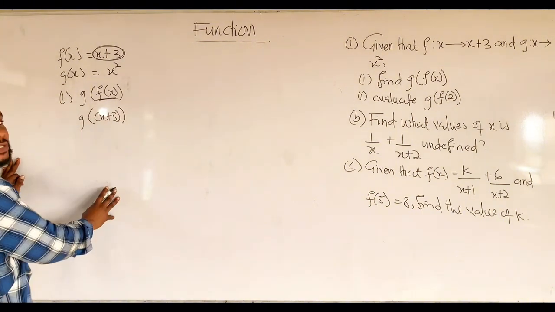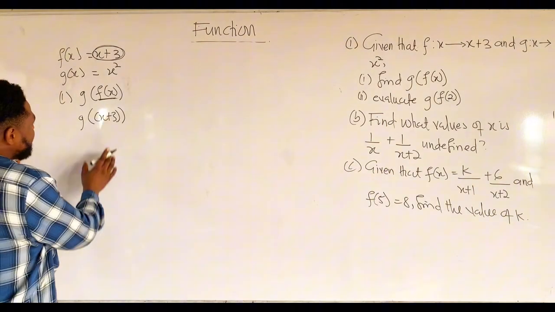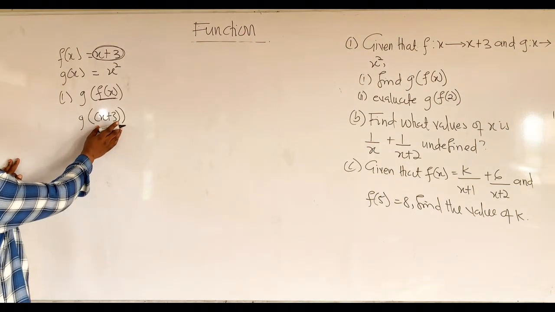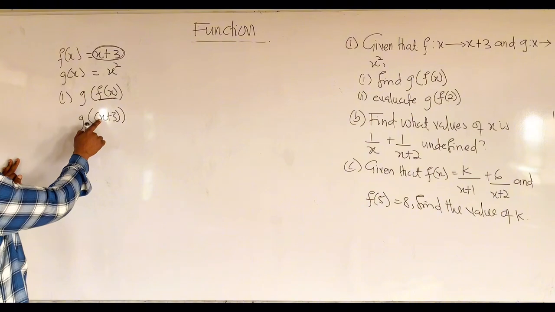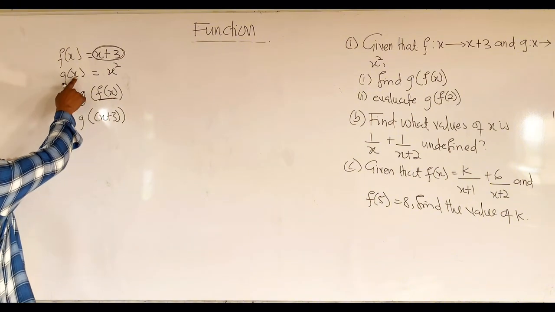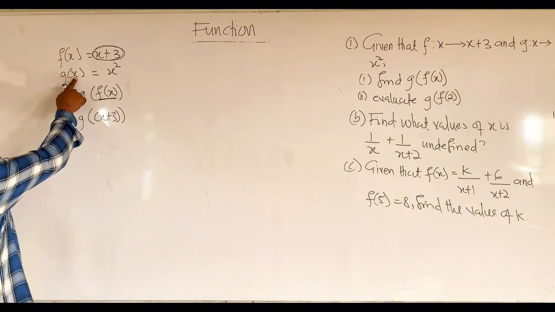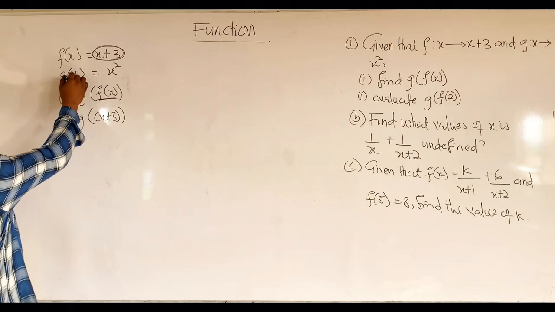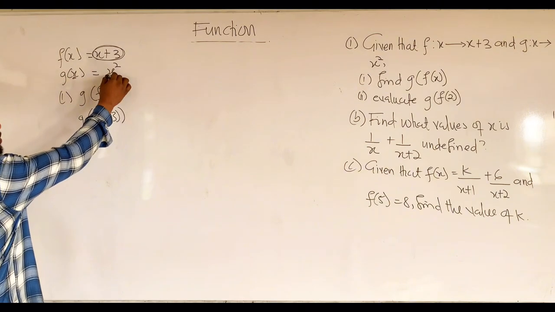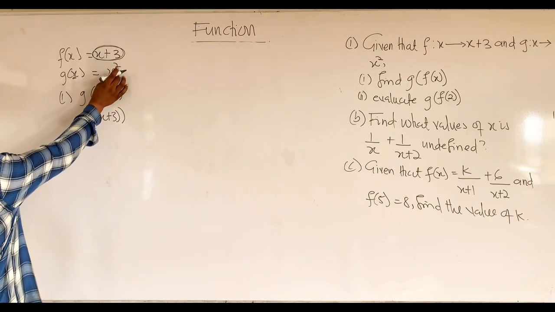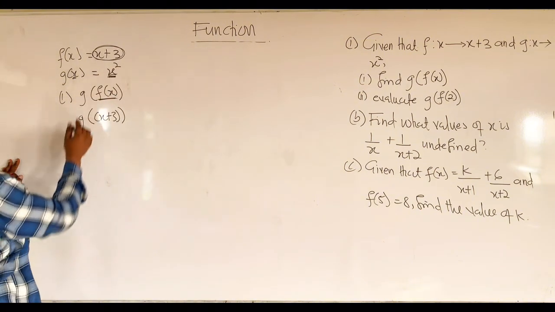When we break it up to this level, what it means is that the x plus 3 here is equivalent to the x in g of x, and this x corresponds to this. So anywhere we see x here, we are going to fix this value here.